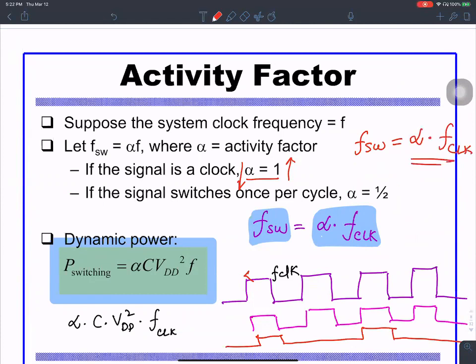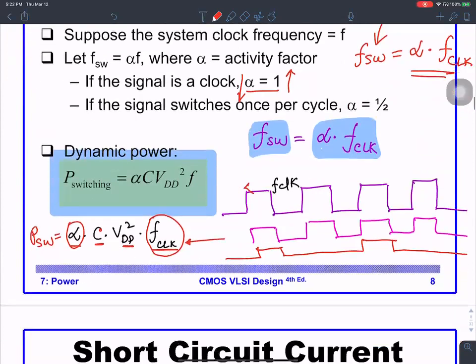Once we take that into account, it's easy to express the switching power as a function of the activity factor alpha, capacitance C, V_DD squared, and this. So alpha times F_clock replaces F_SW. I'm expressing the switching power in terms of the master clock. That's all I'm doing here. This is what we looked at in the last class.